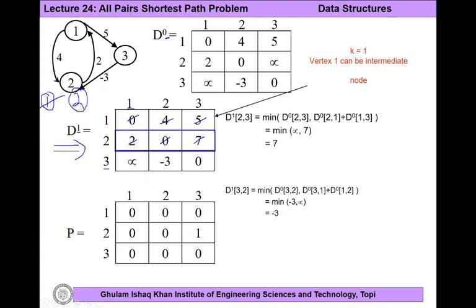So -3 plus 2 will be -1, right? So this will get updated, this will become -1, and this path matrix will have a value of 2 here, right? And then this cell will be ignored, because there is a 2 on one side, and then this is 3 comma 3, it won't make any effect, right?